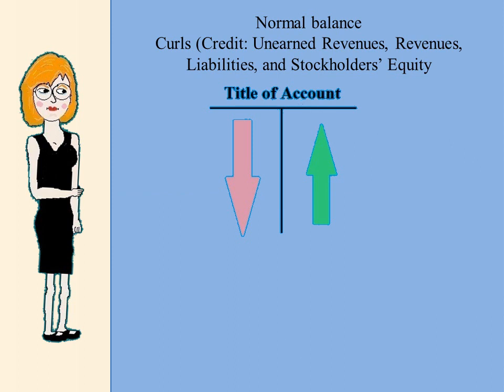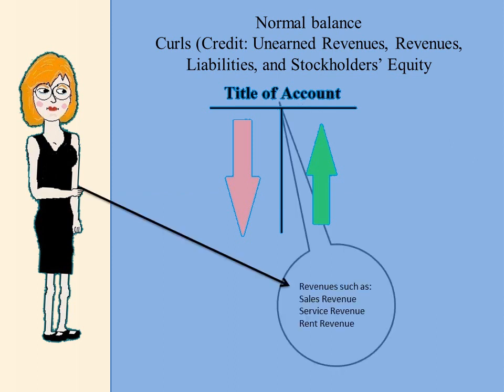Next is revenues. Revenues are services and sales that have been provided to the customer. And these are sales revenues, service revenues, and rent revenues. They also increase on the right side and only decrease at the end on the left side.